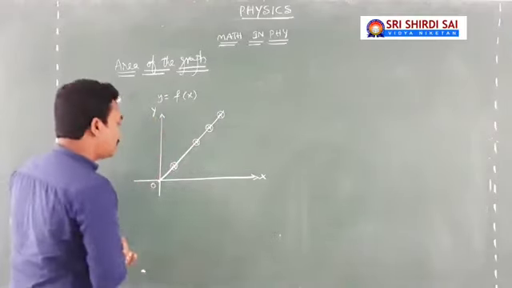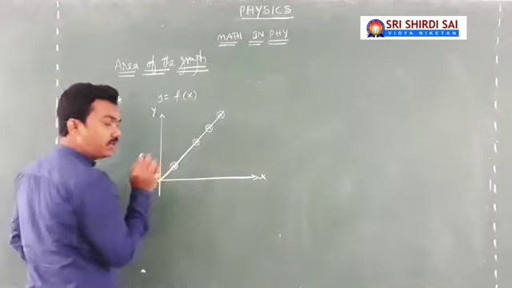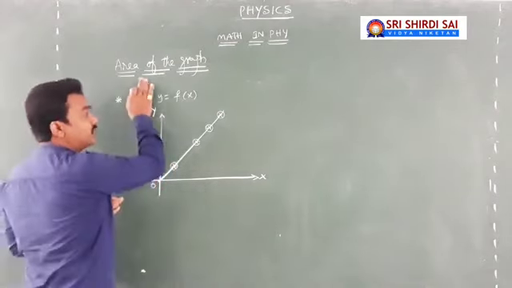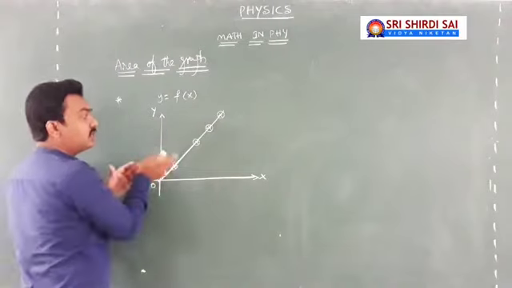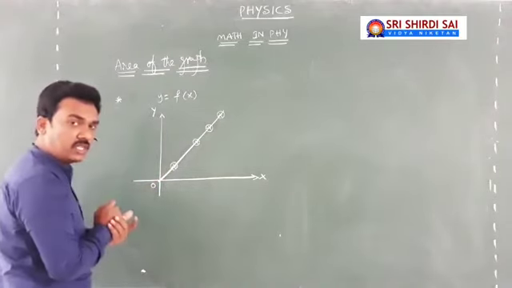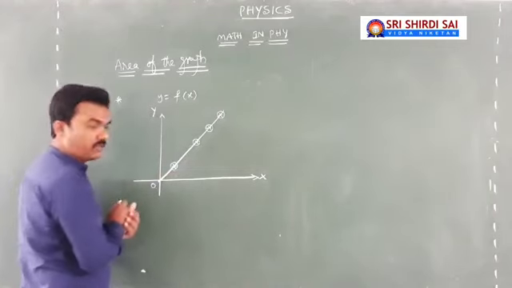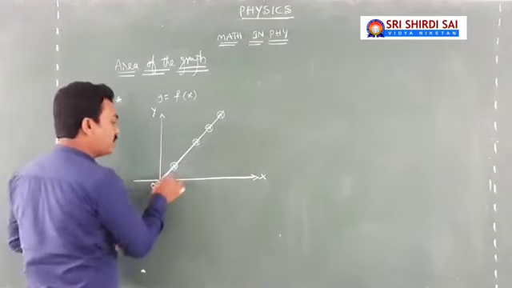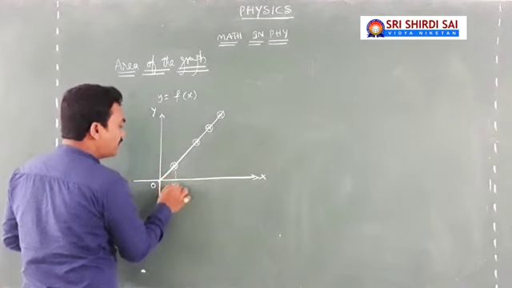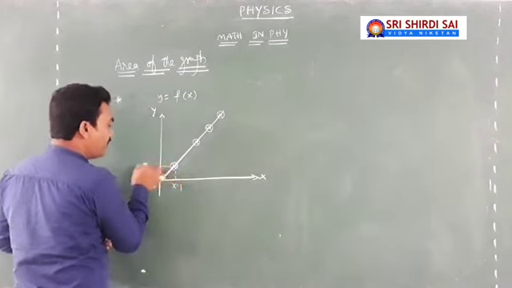Now, just for some time, I am telling an example to understand this. So this is y equal to f of x whose graph is a straight line. Let us suppose x equal to 1 and y equal to 2.